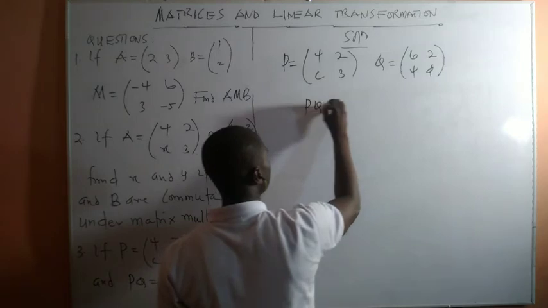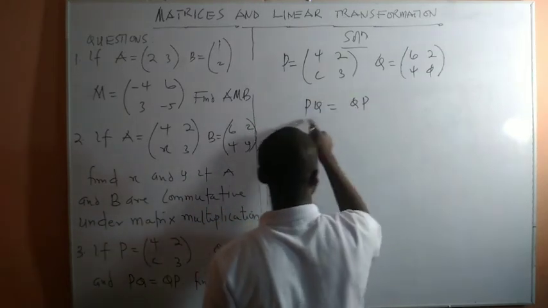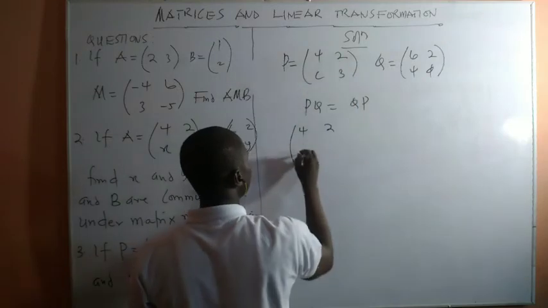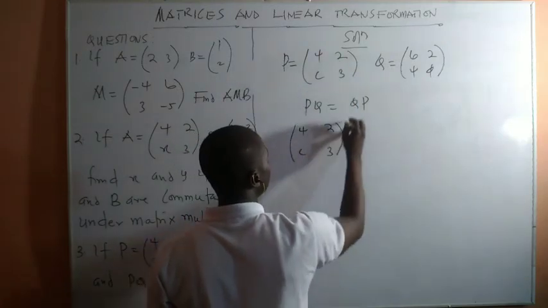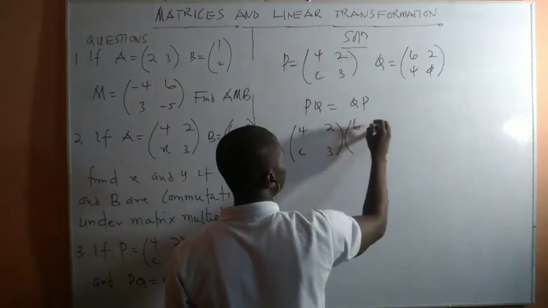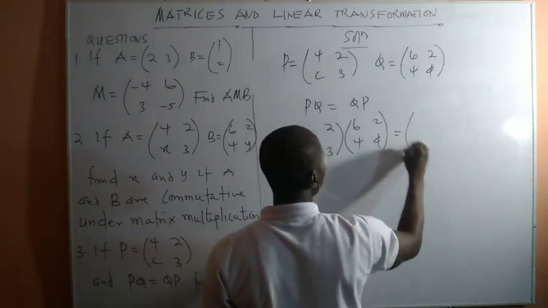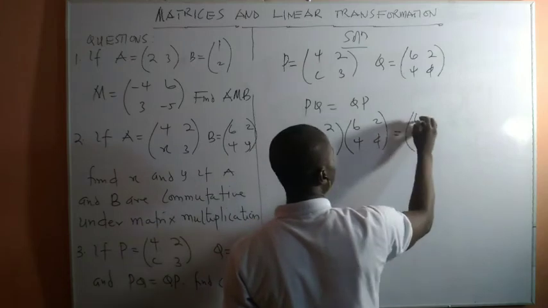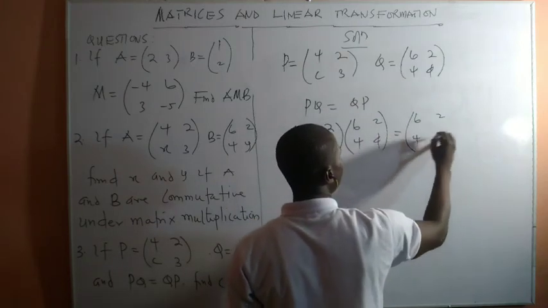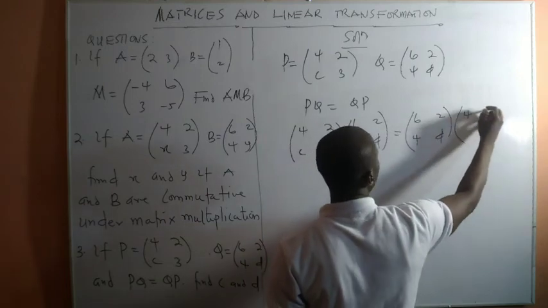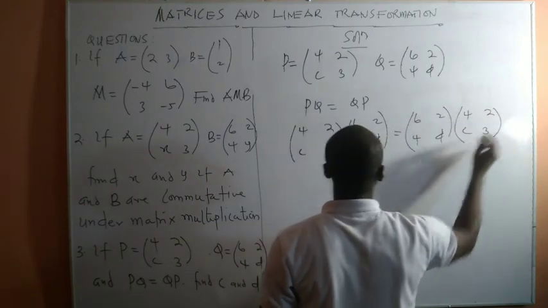So PQ will be the matrix [4, 2; C, 3] times Q, that is [6, 2; 4, D], and this will be equal to QP. So Q first, that is [6, 2; 4, D], being multiplied by [4, 2; C, 3].